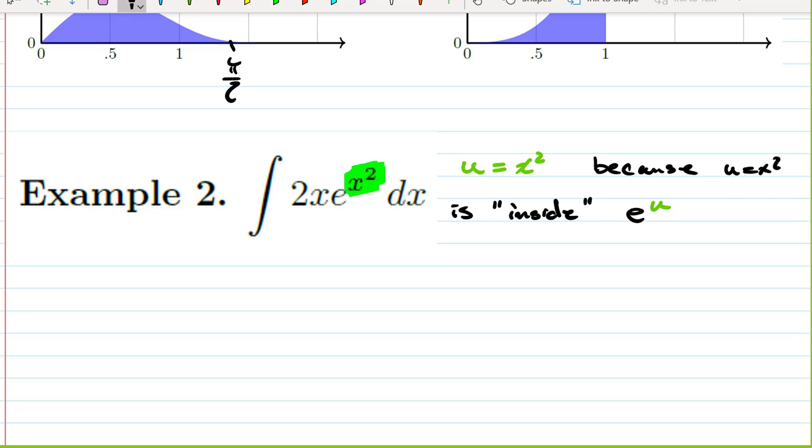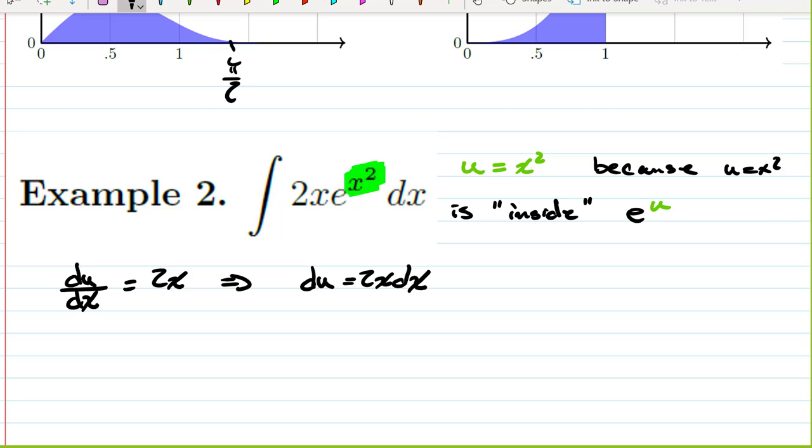So we calculate the differential, and that gives us du dx is equal to 2x. And that would say then that du is equal to 2x dx by multiplying both sides by dx.